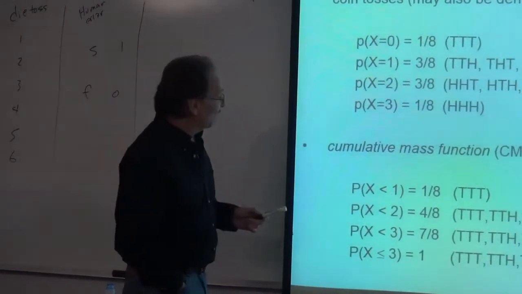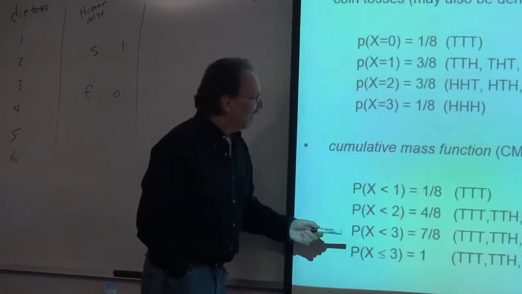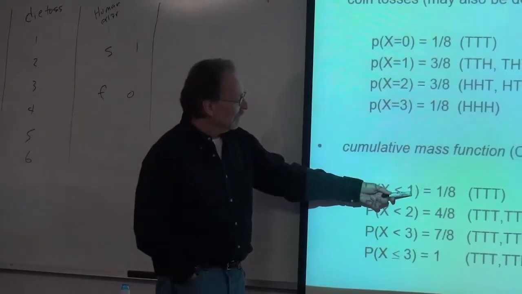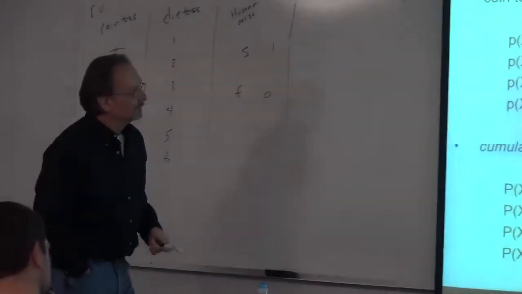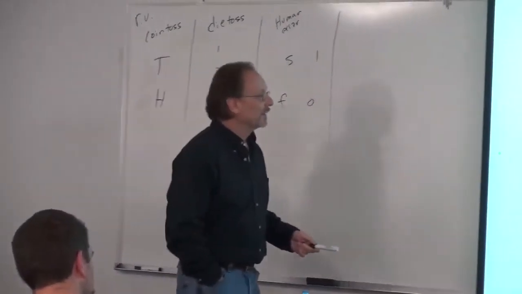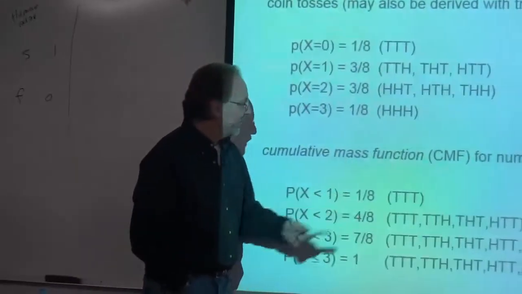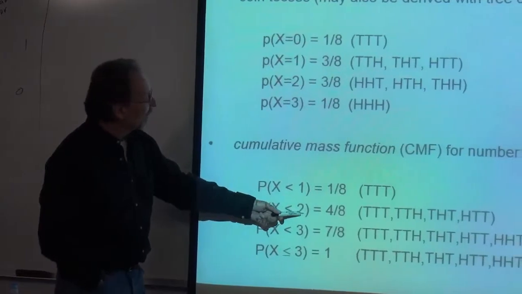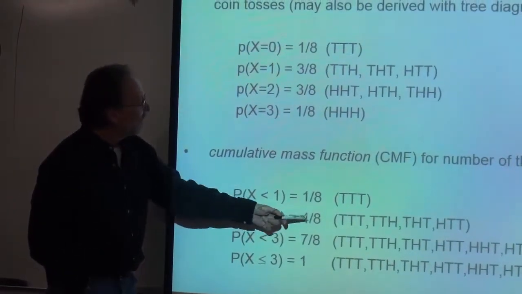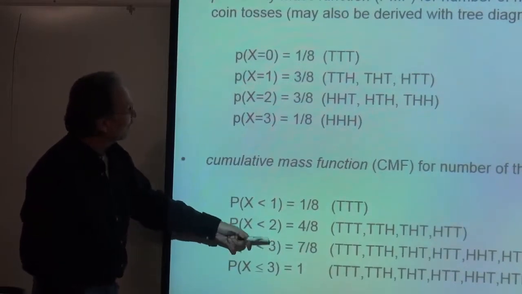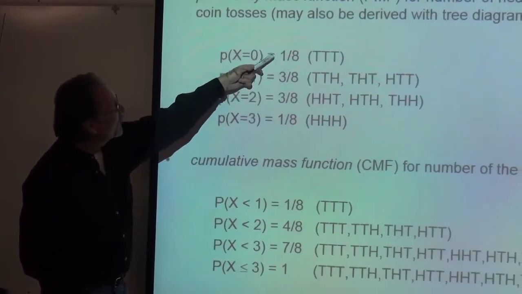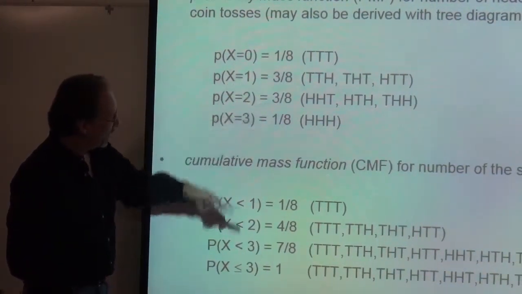The cumulative mass function then is everything up to 1. Okay? So everything up to 1 is just all tails, so that's 1/8. Everything up to but not including 2 is 4/8, because it's 1/8 plus 3/8. Everything up to but not including 3 is 7/8, because it's 1/8 plus 3/8 plus 3/8.